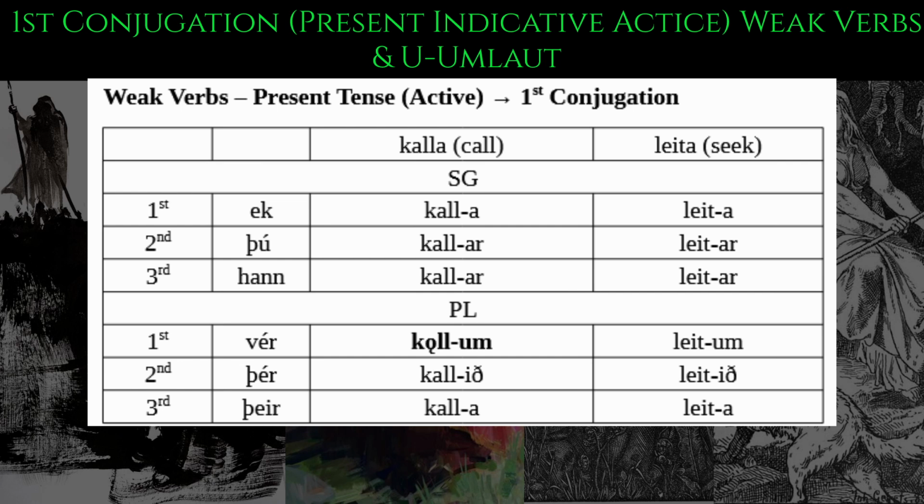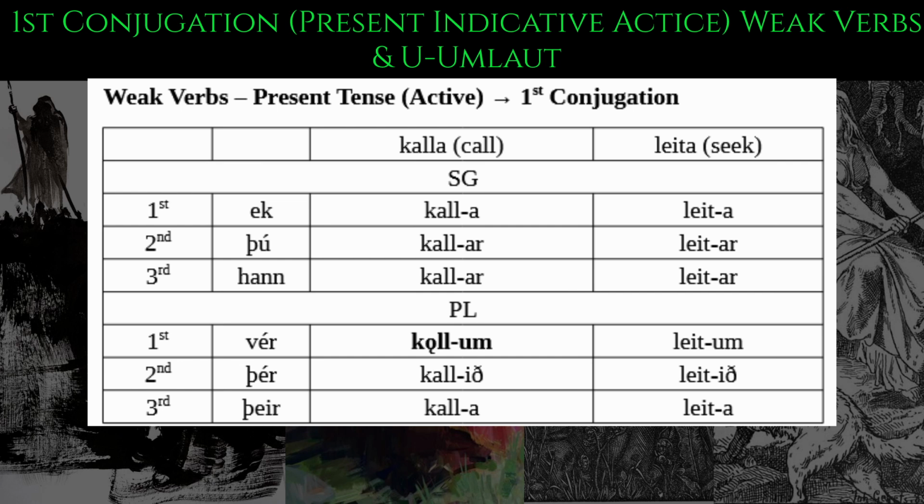So, with all of that in mind, let us now look at the first conjugation, also known as the A conjugation. So, we will look at the present tense, active, indicative. We have the two verbs, kalla, which again means to call, and leita, which means to seek. And the conjugation is as follows.